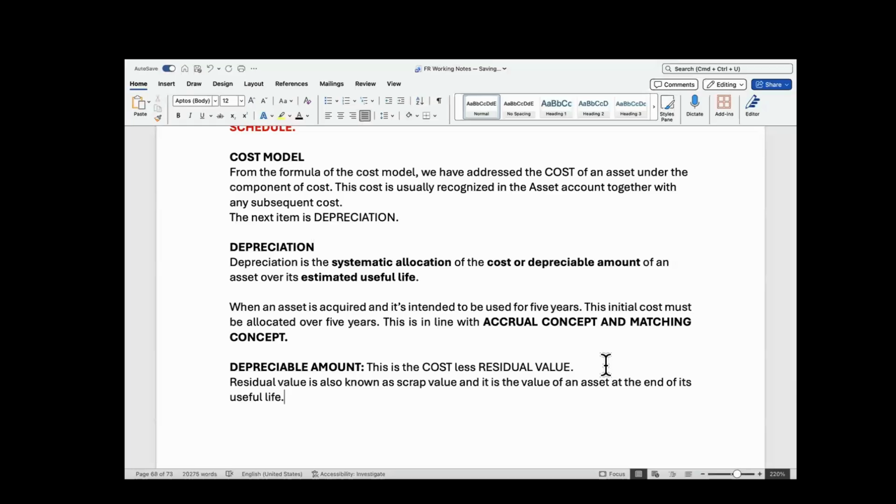So residual value is also known as scrap value, and it is the value of an asset at the end of its useful life.